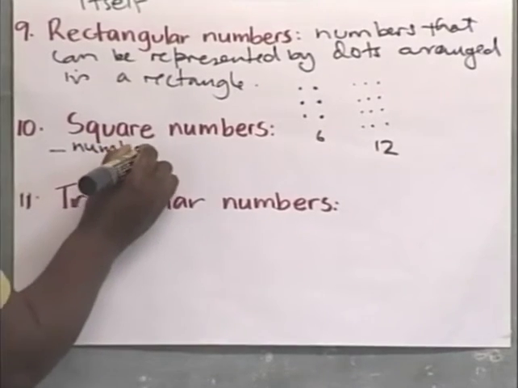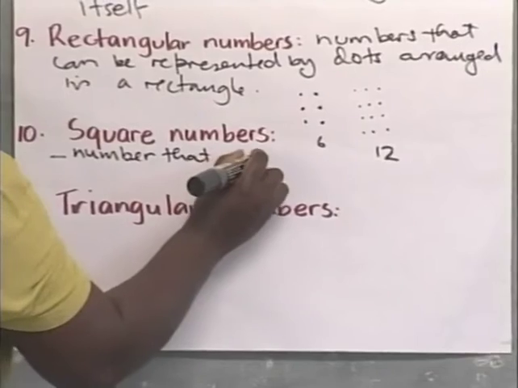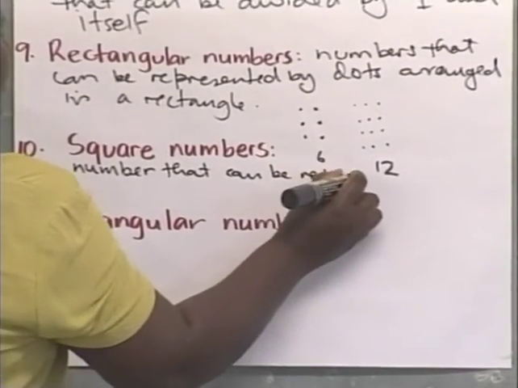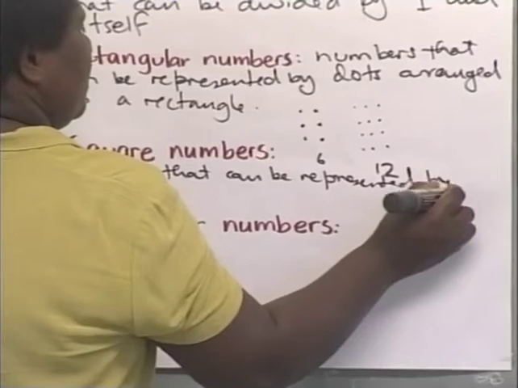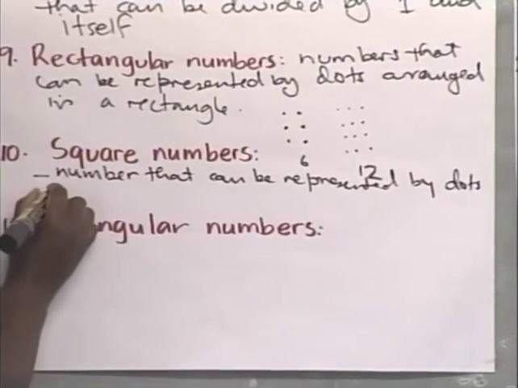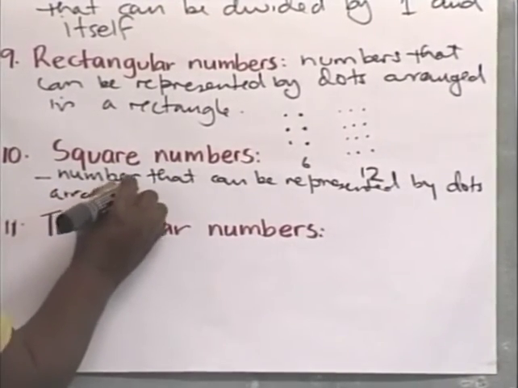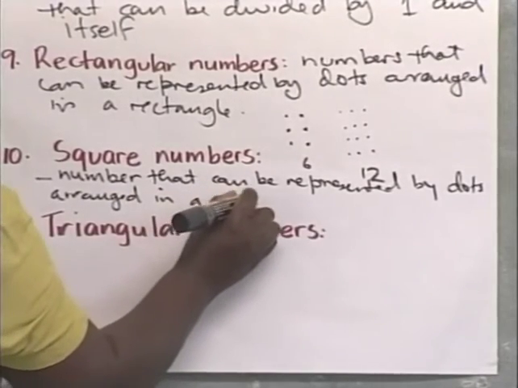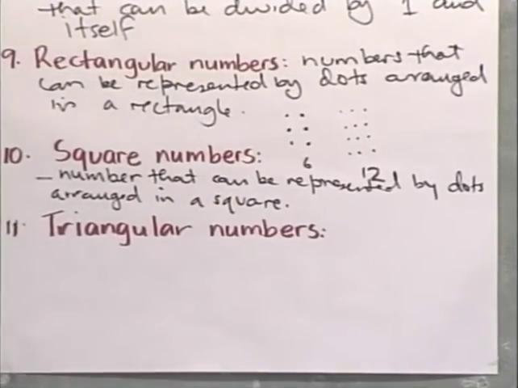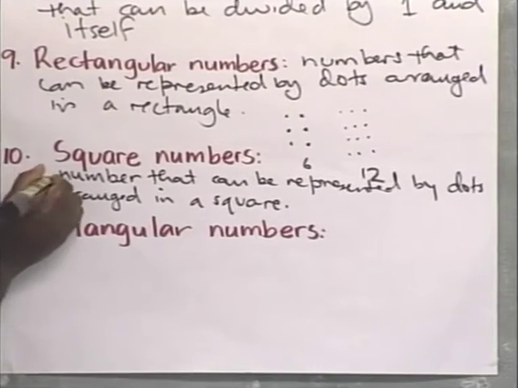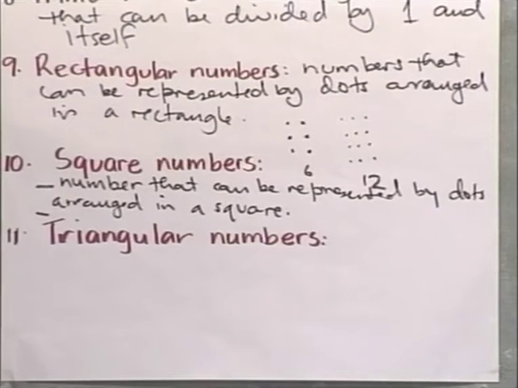A number that can be represented by dots arranged in a square. Is there any other definition?